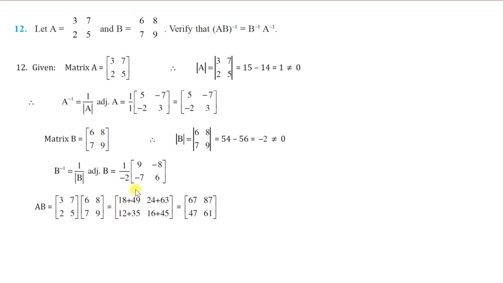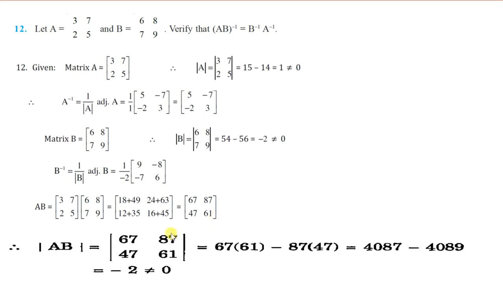Then for the element located at A12, you have to use the first row and second column, multiply them element wise and then add them. We get 24 plus 63. Similarly the remaining terms. So this is the product AB.